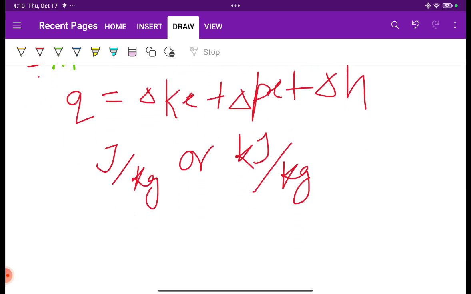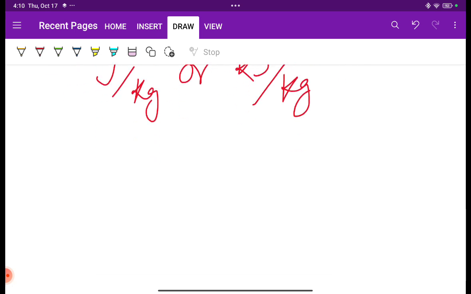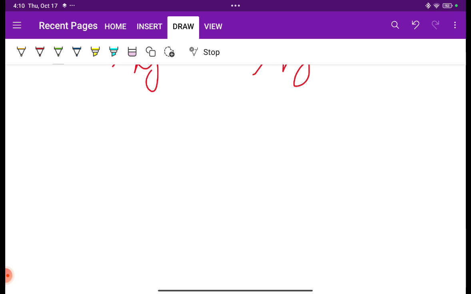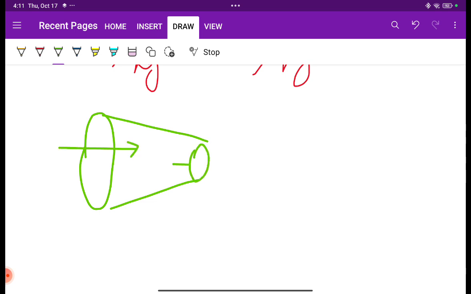Now we will talk about the insulated nozzle. In the case of an insulated nozzle, the potential energy change becomes zero, since the heights Z0 and Zi are the same, and the heat transfer also becomes zero. I will show you my drawing. This is our nozzle, where liquid flows in from here and goes out from here, but this is the insulated case on both sides.